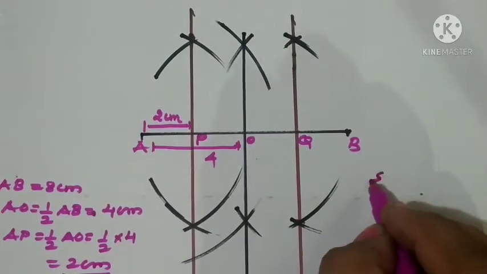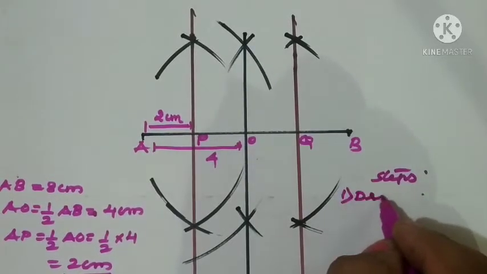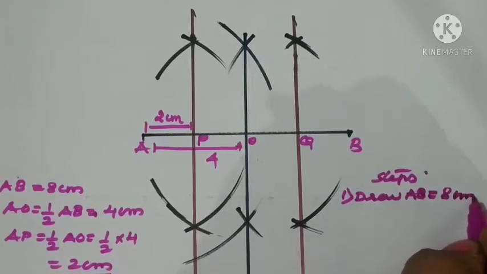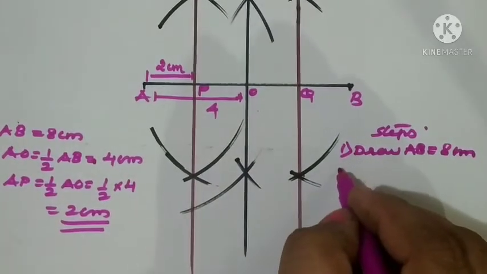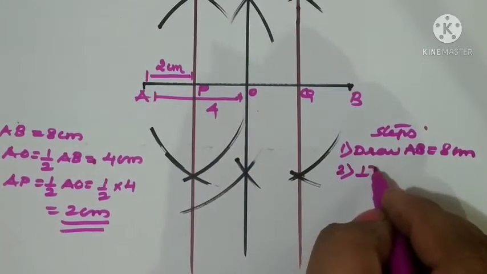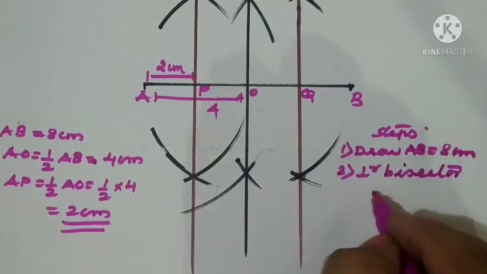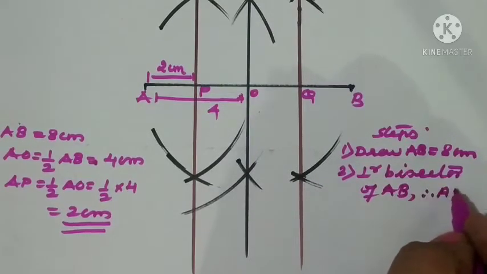So the steps of construction should be written. First, draw AB equal to 8 centimeter. Next, perpendicular bisector of AB. Therefore AO equals 4 centimeter.